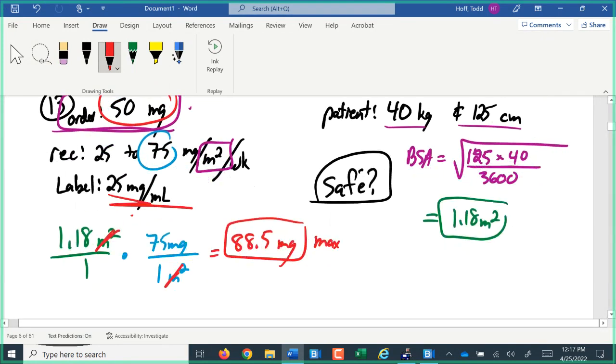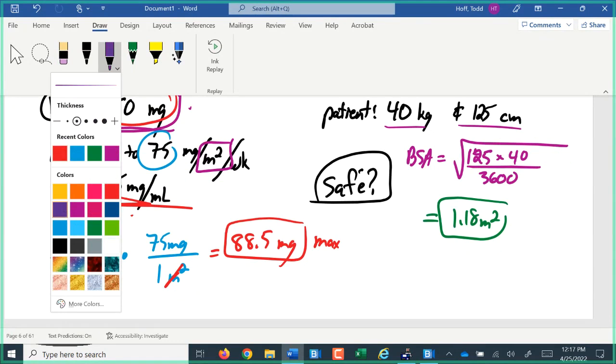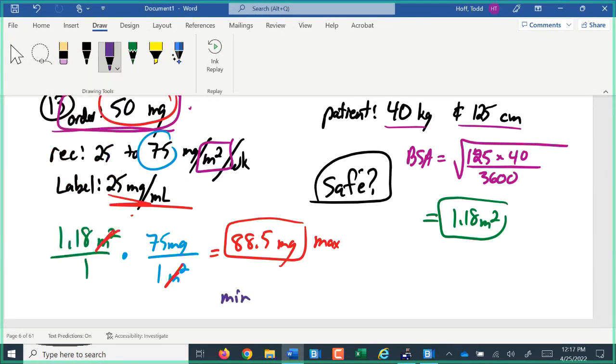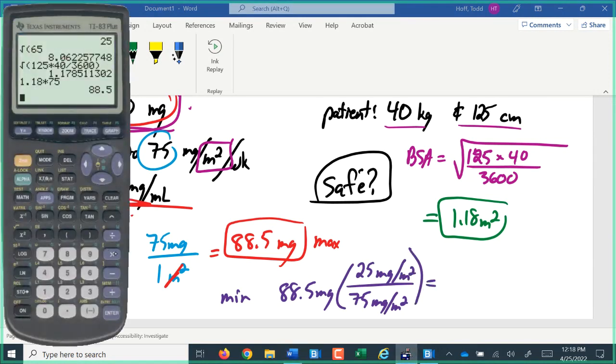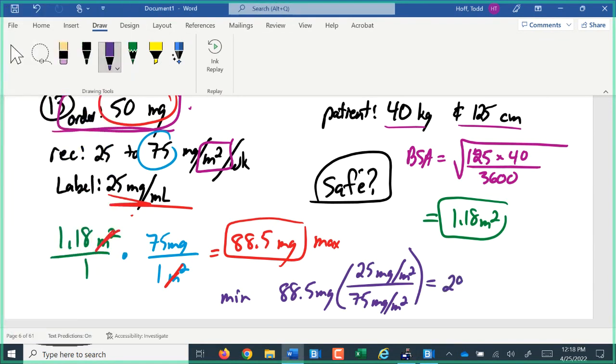The minimum then can be found using a titration. Take that 88.5 milligrams times, we use the 75 milligrams per meter squared to find the max dose. We're going to do the 25 milligrams per meter squared to find the minimum dose. 88.5 times 25 divided by 75 gives us 29.5 milligrams is our minimum dose.